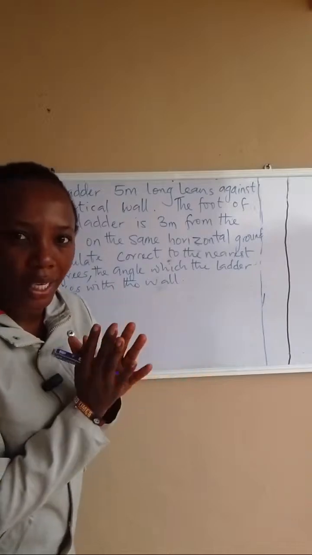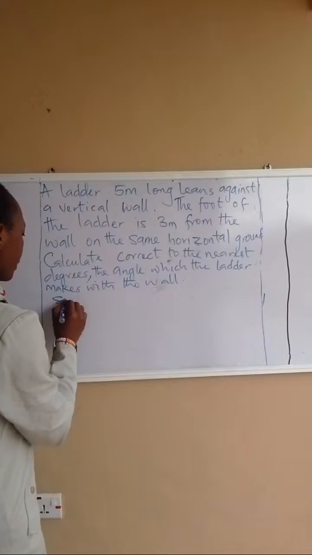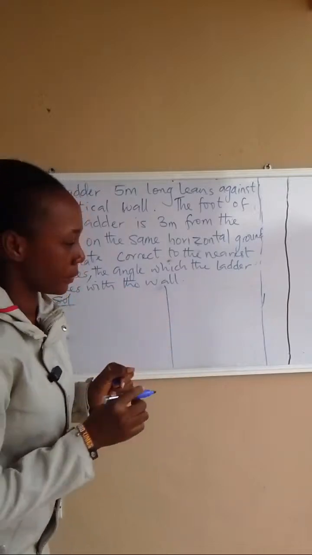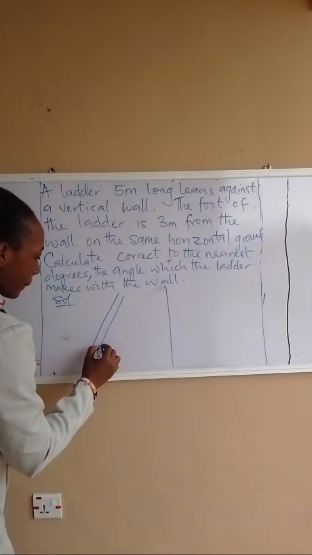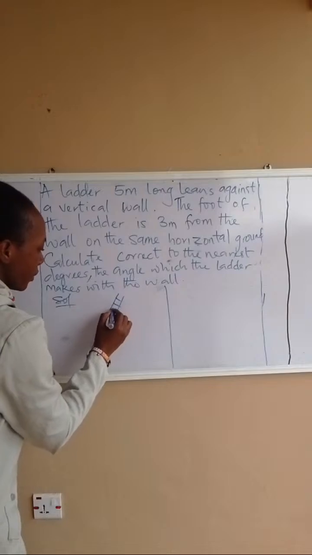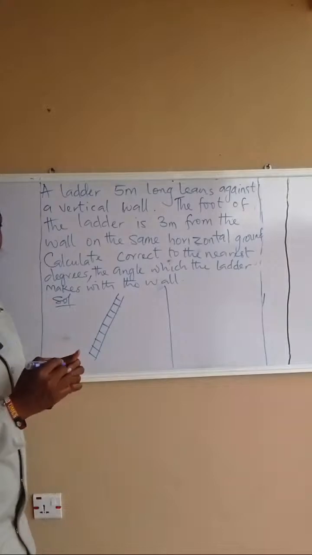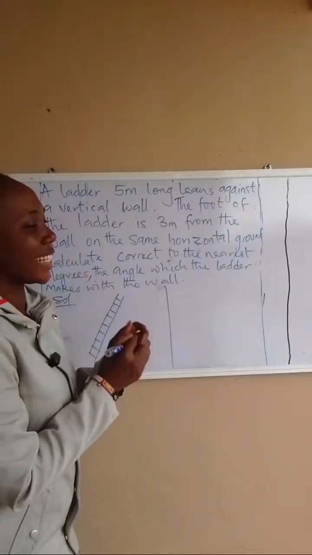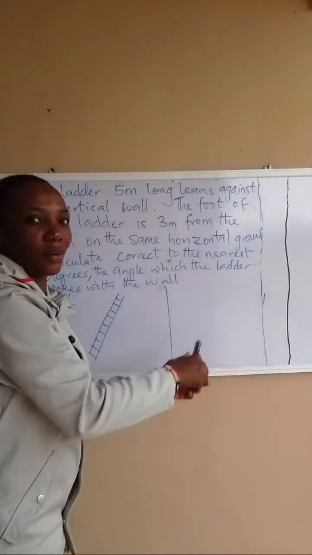So first of all, let's interpret it in a diagram. Now, solution. This is our ladder. I like to make it very real. It rests against a wall.